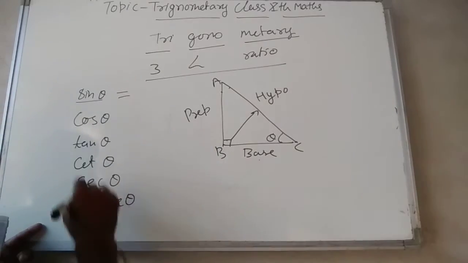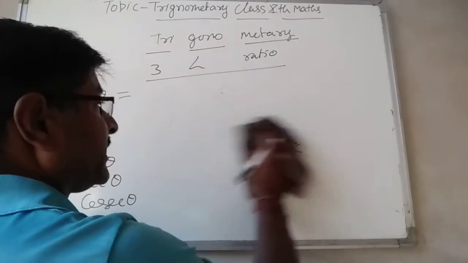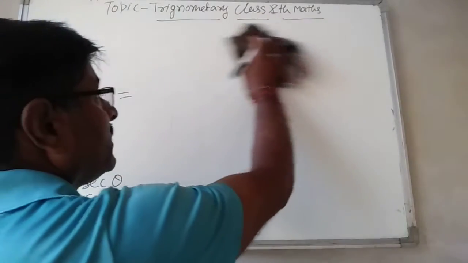You have to learn the ratio. We can learn the ratio of sine, cos, tan, cot, sec and cosec by the table.